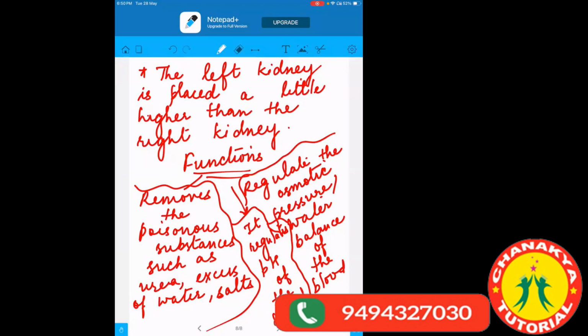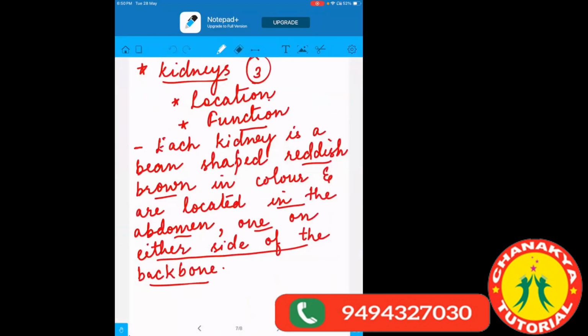Yes, ma'am. Others? Yes, ma'am. Siddharth? So many voices are still remaining. I can't hear them. Meher, Siddharth, Dhairya. Yes, ma'am. So that is about the kidney location and the function.